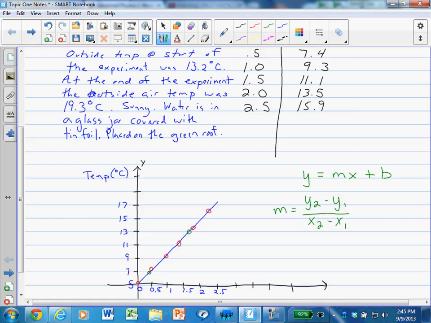So what is this point right here? Well, I have to estimate it, and you might be able to estimate it better, but it's about 1.5, 13. And this point right here is about 0.4, 7. So I chose 13 and 7, but the other ones I'm reading off, right?